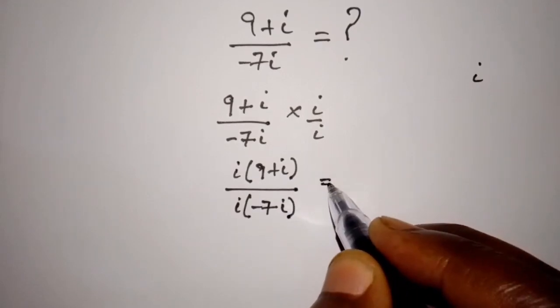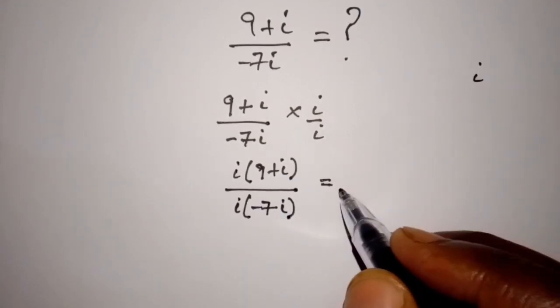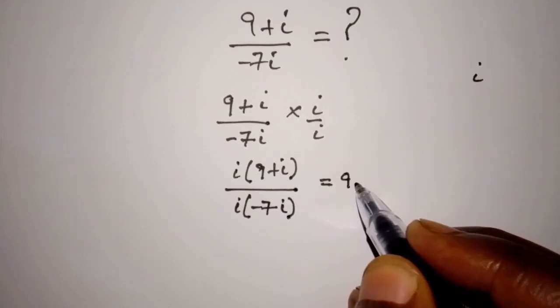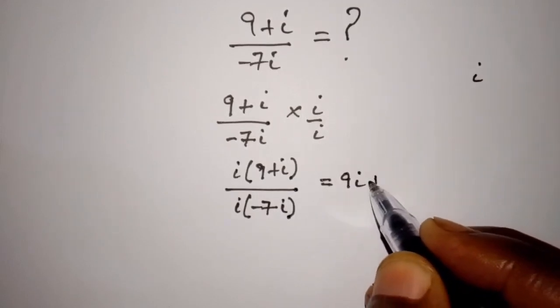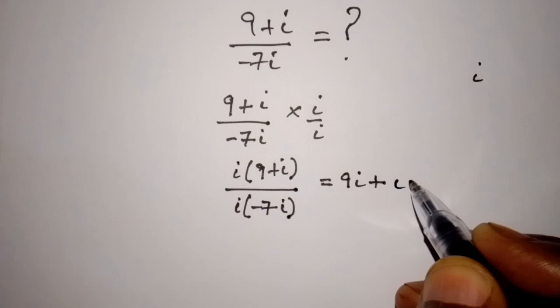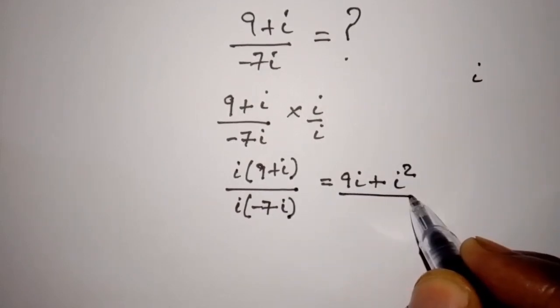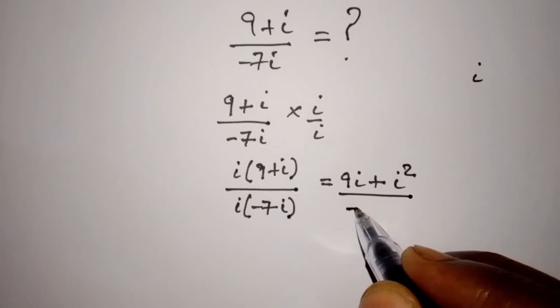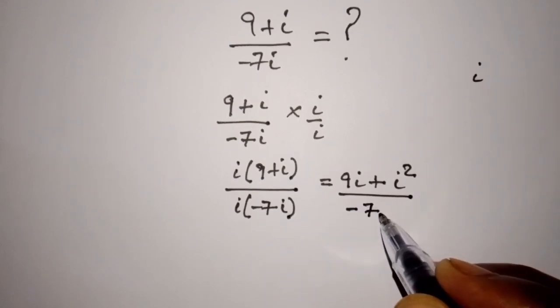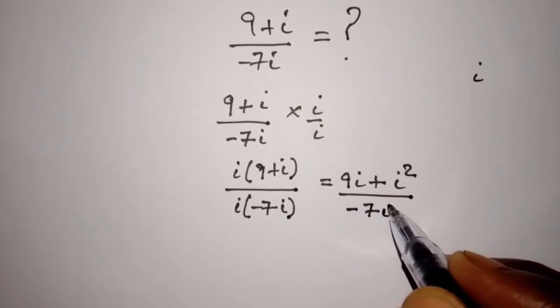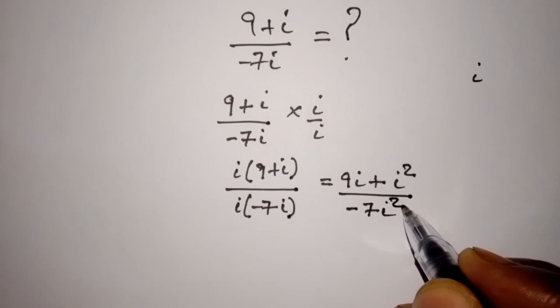And this is equal to 9i + i squared over -7i squared.